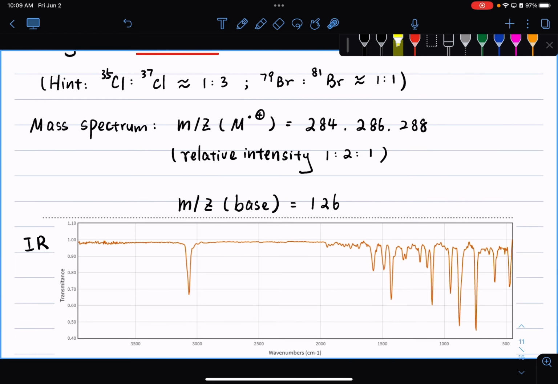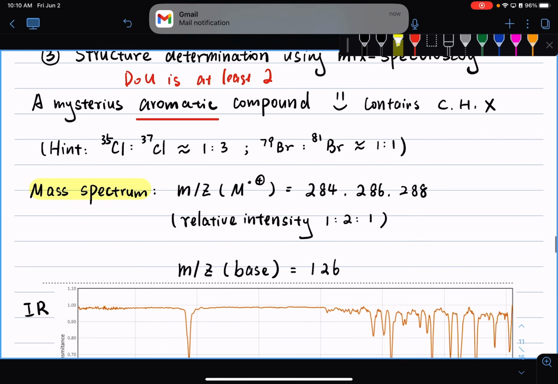Now, looking at this information, what we have is the mass spectrum. The mass spectrum tells us information like the molecular mass of your molecule and has a base peak. Okay, it tells you information about how your molecule fragments into smaller pieces. You have the IR spectrum that tells you information about functional groups. But in this molecule, we don't have an oxygen, so our IR is less informative in that regard.